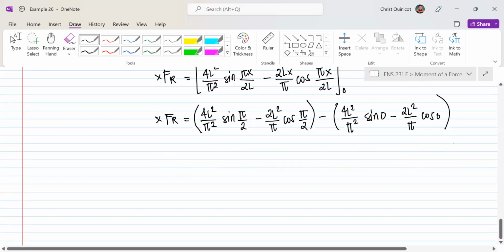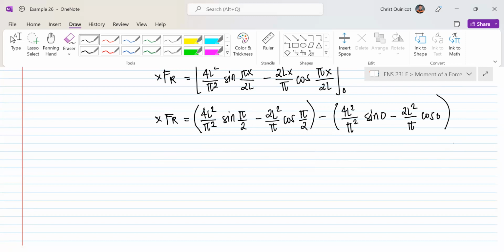Okay. Now, pi over 2 again is 90. And we know sine 90 is 1. Copy. X times f sub r. So this becomes 4L squared over pi squared. Sine 90 is 1 minus 2L squared over pi.